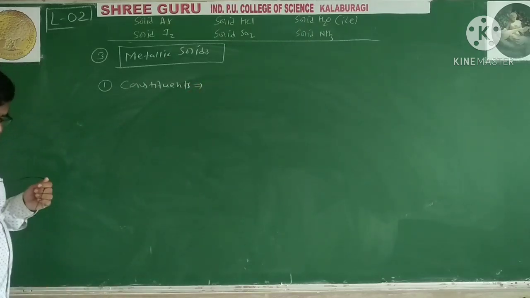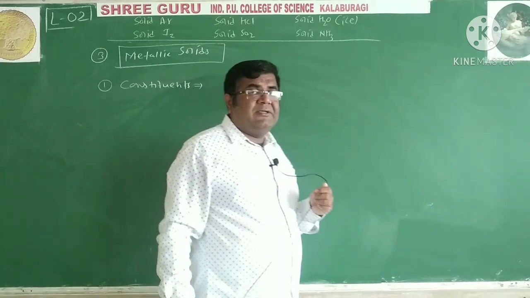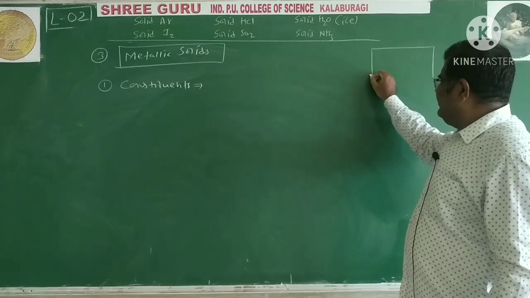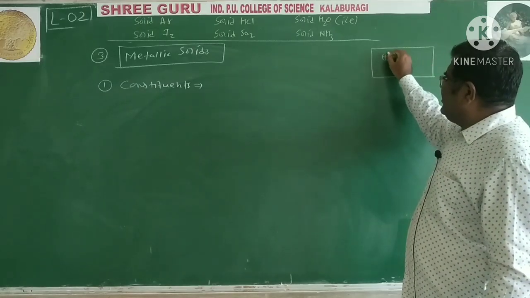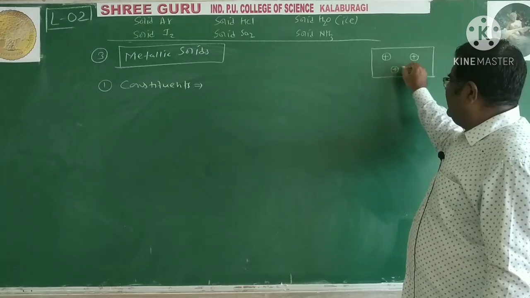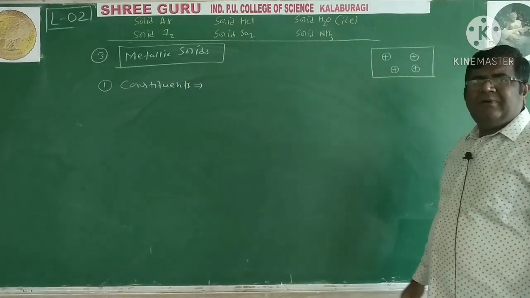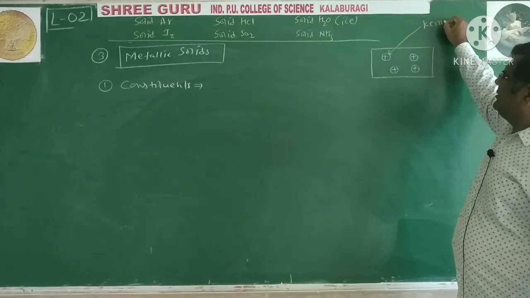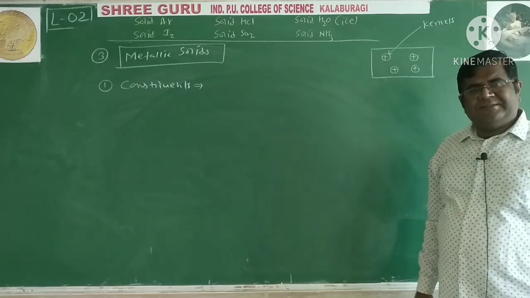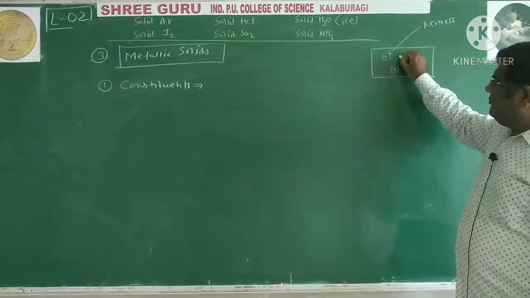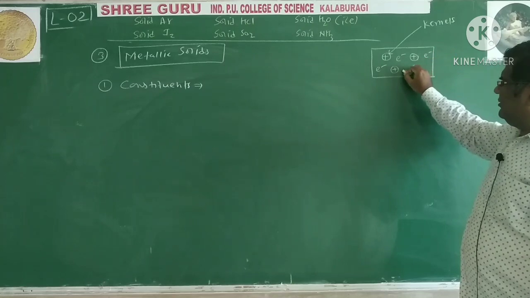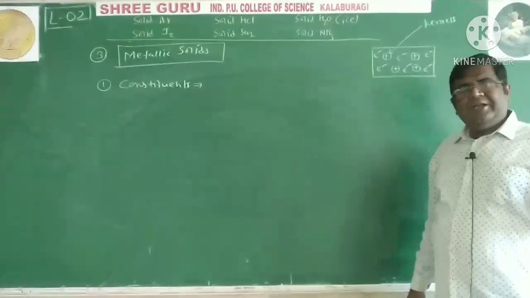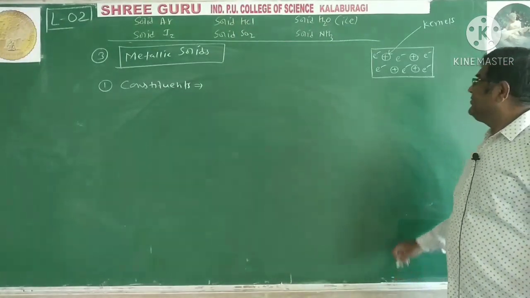Regarding constituents, we should know that metals, due to their large atomic size, have very low ionization enthalpy, and that's why they can lose electrons easily and form positive ions. These positive ions we call kernels, and valence electrons leave the metal if energy is supplied.